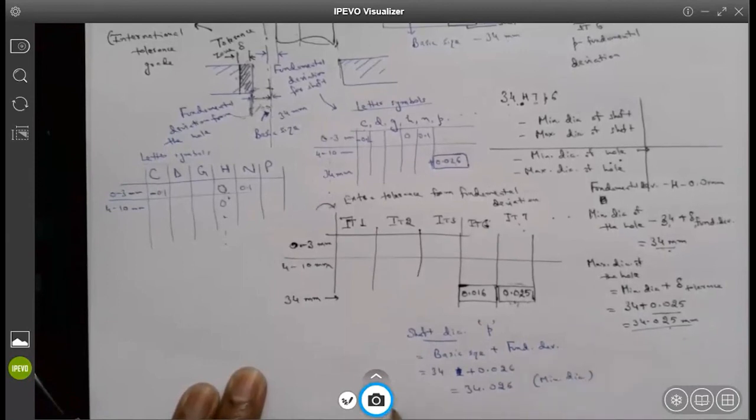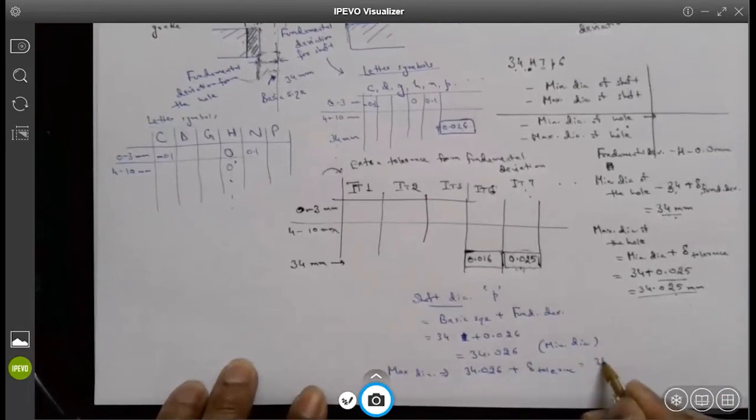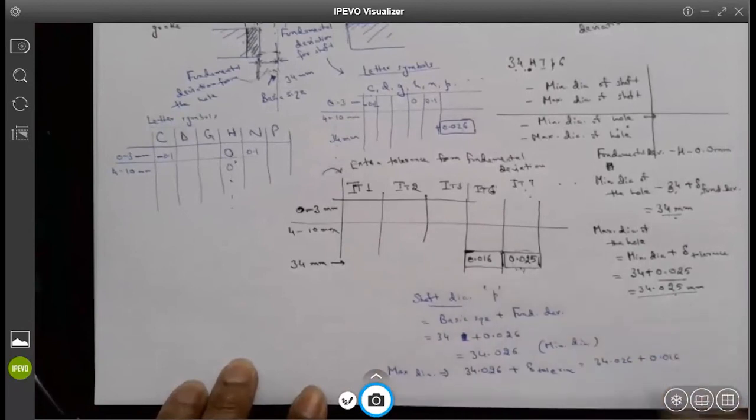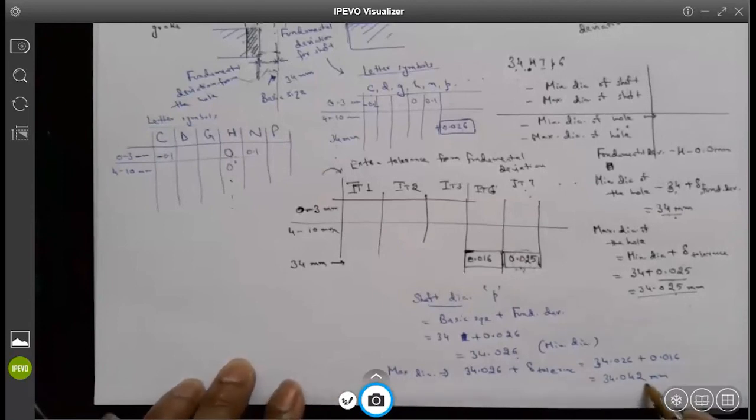What will be the maximum diameter? The maximum diameter would be the minimum diameter, 34.026, plus the tolerance provided by IT6, which is 0.016, and that comes out to be 34.042 millimeters. So I have the minimum of the shaft as 34.026 and 34.042 as the maximum diameter, and the same for the hole.